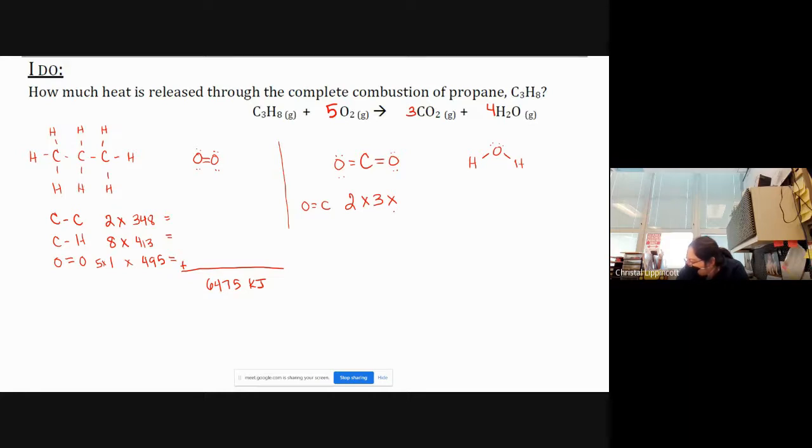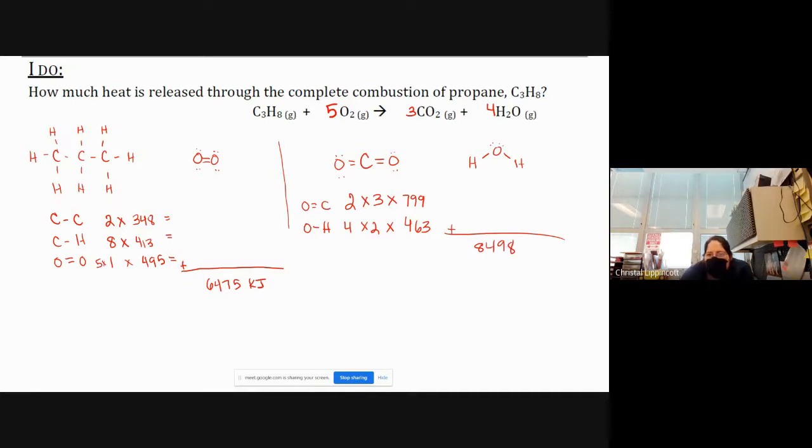And then for my O-H bond, I have 4 times 2 times 463. Multiply those, add them together, and you should get 8498.